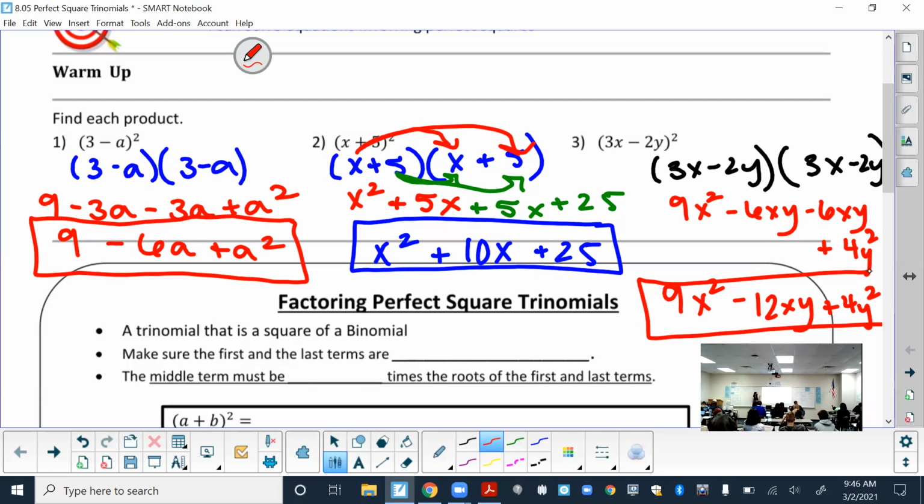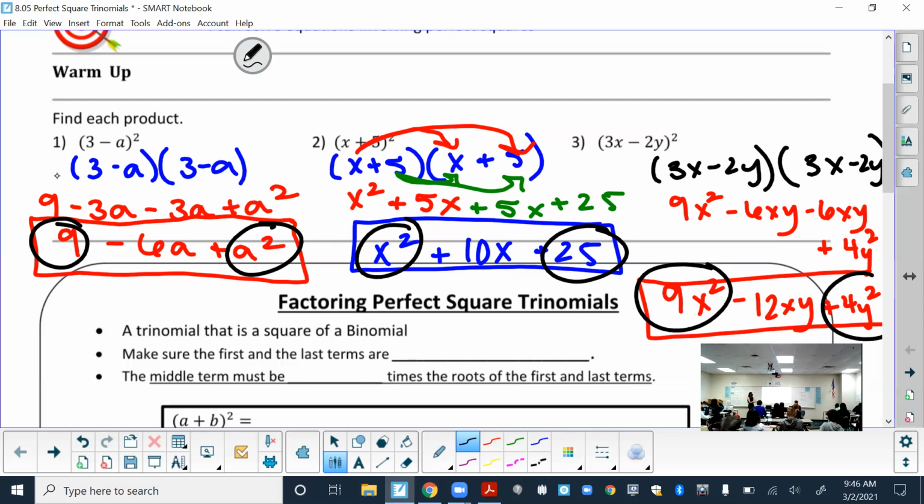But what's really cool about these ones is that they're what's called perfect square trinomials. So you might not have noticed, because it's probably the first time that you're seeing it, but the first and last terms of all of these are perfect squares. Right? What's the square root of 9? The square root of a squared.